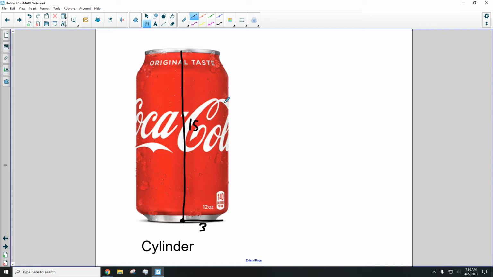Not exactly accurate, but it'll be fine. Also, let's say it has a mass of 12 ounces. So yeah, let's just do 12 ounces, given to us. And we'll make this centimeters, even though, again, it's not accurate.